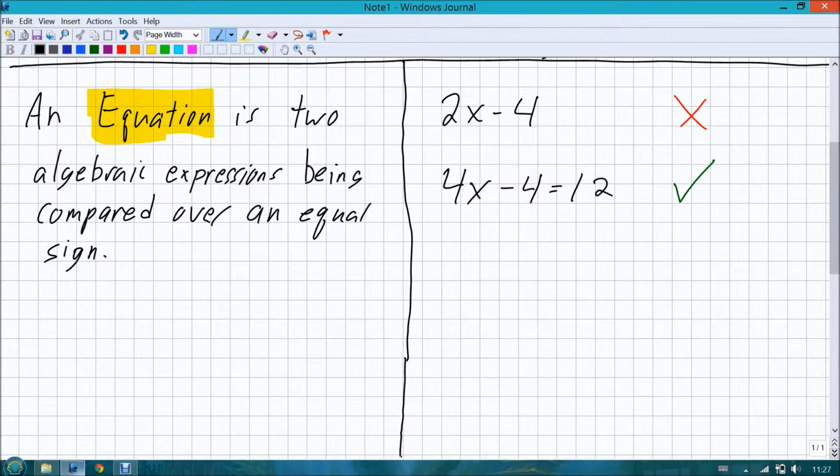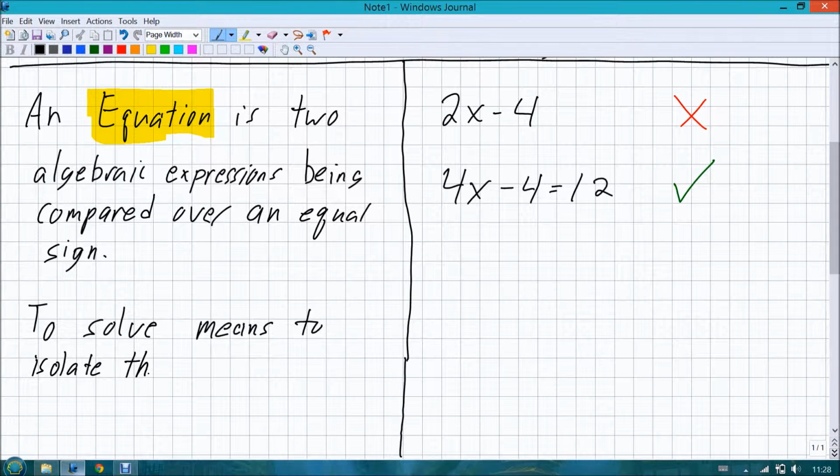And what happens when you solve it? To solve means to isolate the variable. I'm going to say indicated variable because there could be more than one.